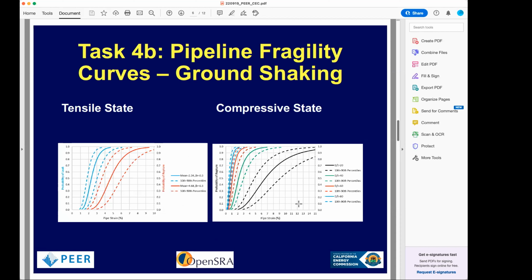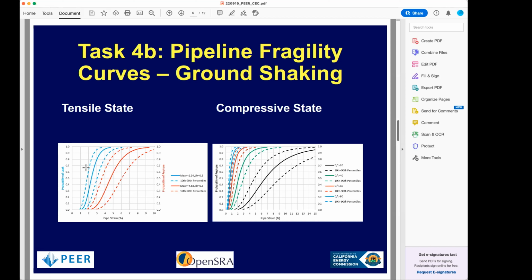So those damage models then get combined with what we're calling fragility models. So these give you pipe strain. You input the pipe strain and it gives you probability of leak or probability of failure. And for pipelines, we have this broken up into tension and compression because the pipeline responds very differently in tension and compression.